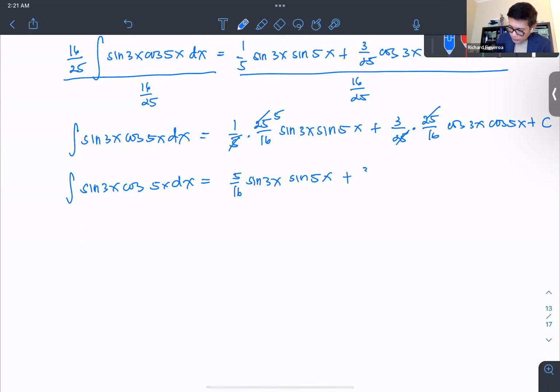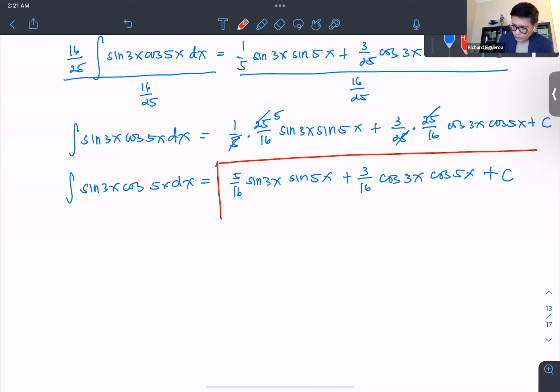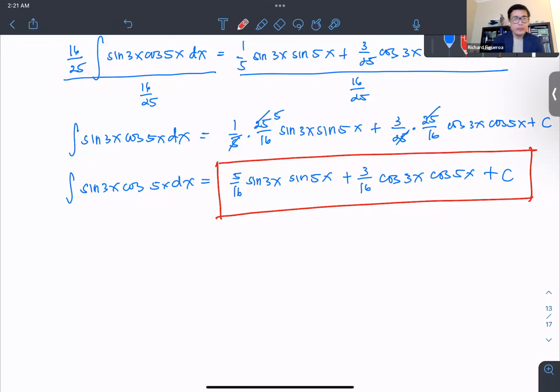So that would be plus 3 all over 16 cosine 3x cosine 5x plus c. So that will be our final answer then. So 5 over 16 sine 3x sine 5x plus 3 over 16 cosine 3x cosine 5x plus c.